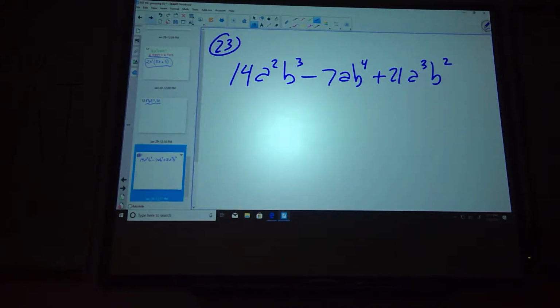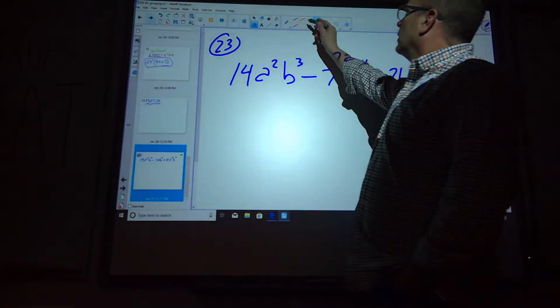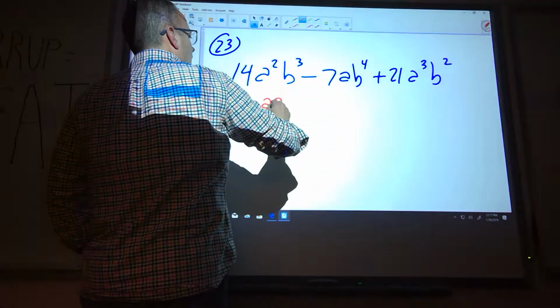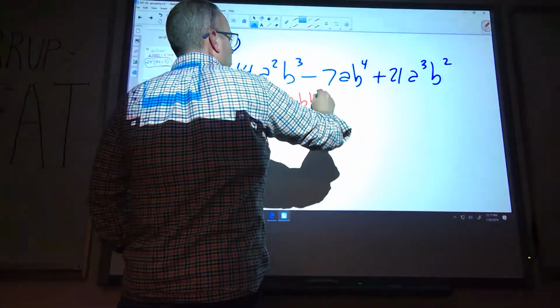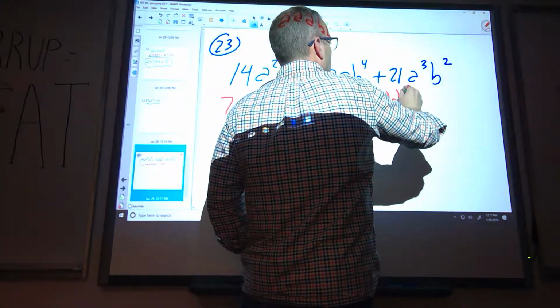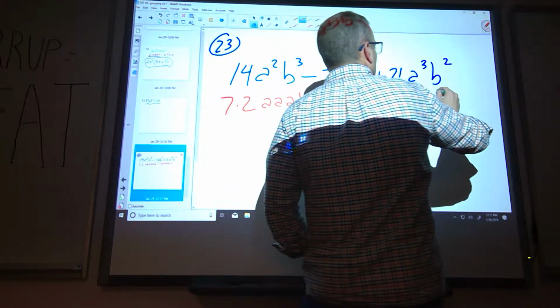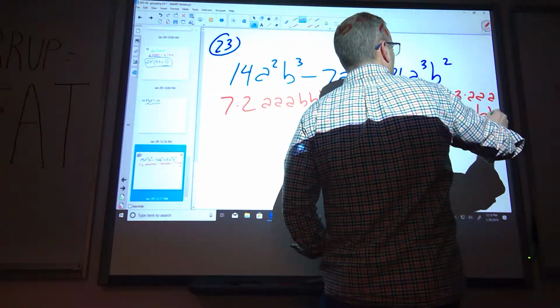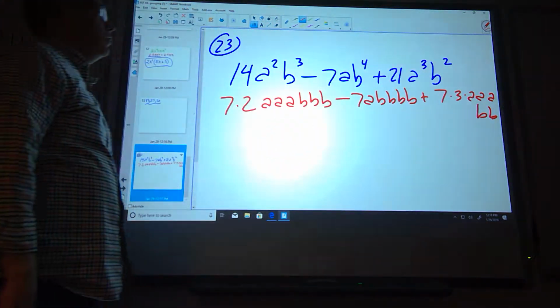Is there a number that goes into 14, 7, and 21, other than 1? 7 does. Okay, so if I break that into 7 times 2, and then I have a, and then b, minus 7a b to the fourth, and then 21 is 7 times 3, times a cubed b squared. That's supposed to be on the same line, but it ran out of space.